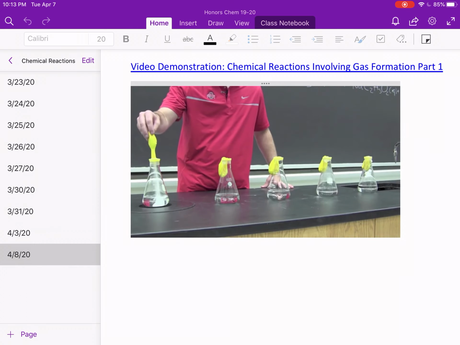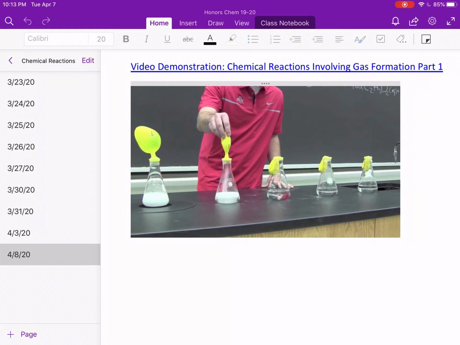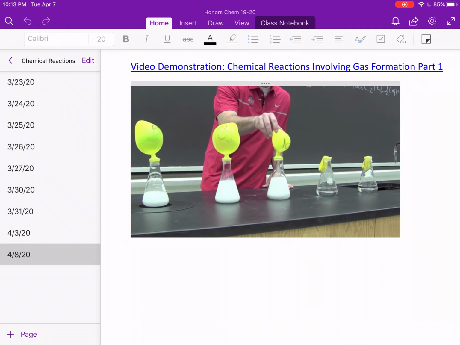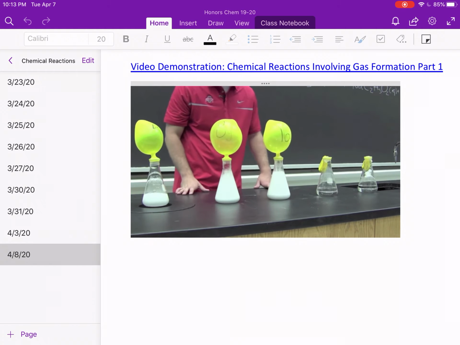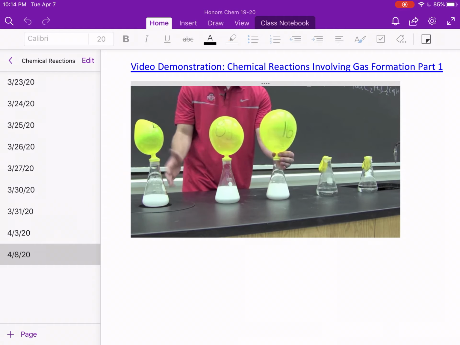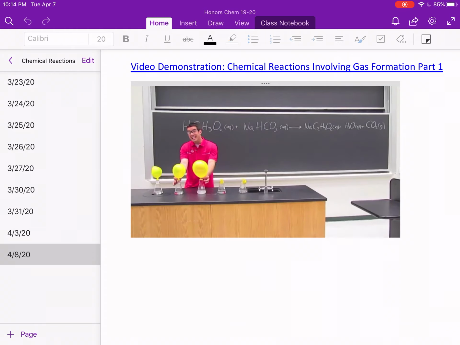So as I dump the sodium bicarbonate into each container, we can see that as we add 4, 8, and 16 grams of the sodium bicarbonate, the balloons are going to be different sizes. So as we can see, after this reaction completes, we roughly have double volume going from 4 to 8 and then from 8 to 16 grams for this particular reaction.